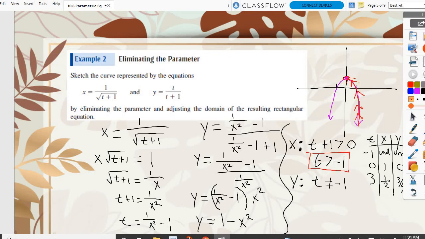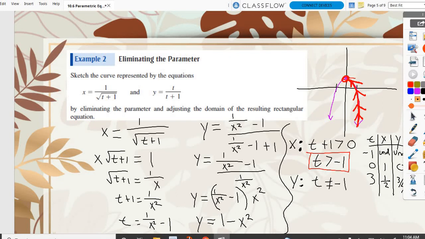Does that make sense? But notice that there's never going to be a way for me to get a negative x value because of my radical, which is why we know we can't go past that 0. So the adjusted domain version would just be like that, the red part. Here, let me see if I can. Does that help? That would be my graph.